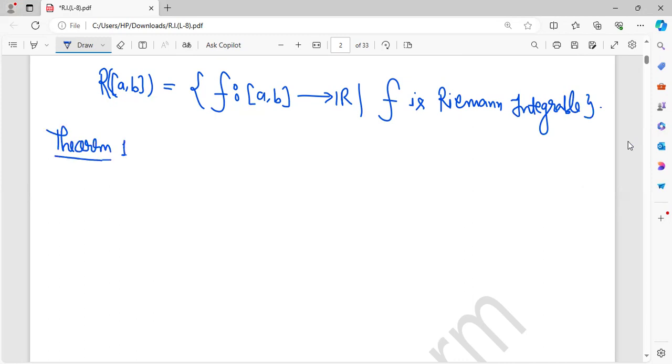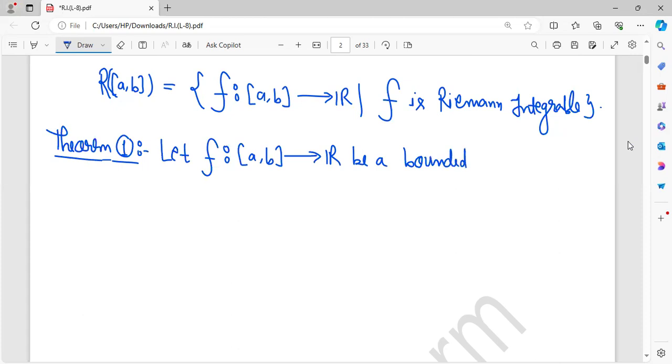Theorem 1. Let f from [a,b] to R be a bounded function.